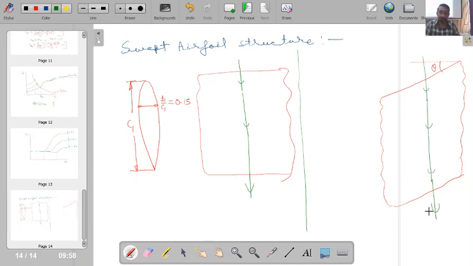Now with reference to the streamline, if you plot this view of the aerofoil, you will find that the aerofoil starts at this point, having the same thickness but ending at this point.